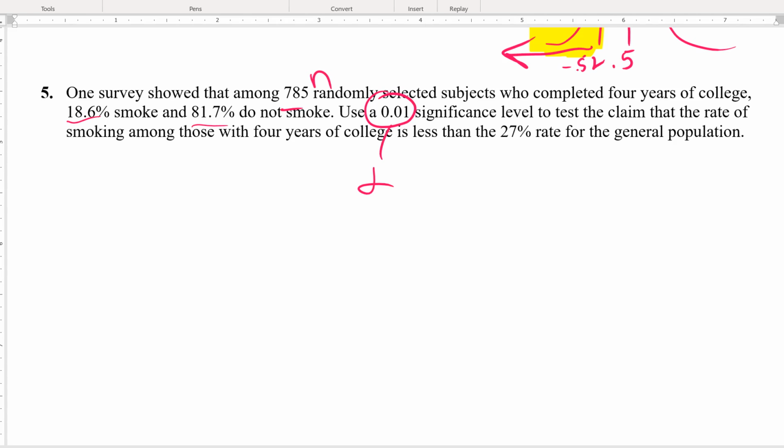To test the claim, the rate of smoking is less than 27%. So 18.6% looks less than 27%. Let's see if it's significantly far away. P. We are dealing with the true proportion of people who complete 4 years of college, right?